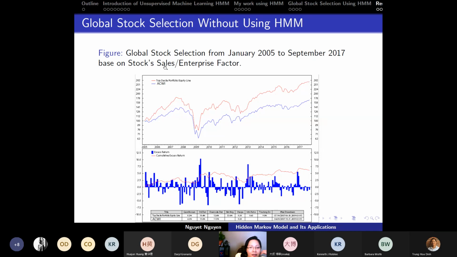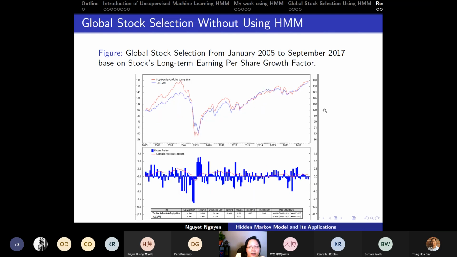With this sales-to-enterprise factor, $100 in 2005 becomes about 280 in 2017. It's not bad. Compare with the all world index right here, which is 170 as before. So if you only base it on one factor, without using a hidden Markov model, you have a good return, better than the index too.